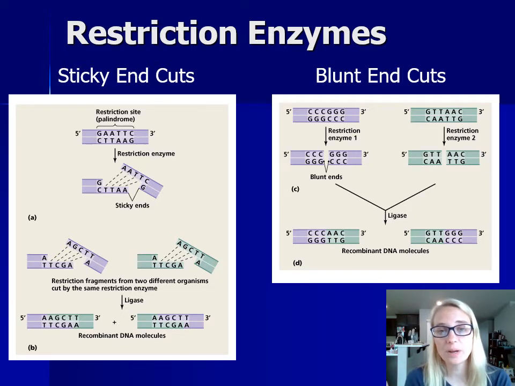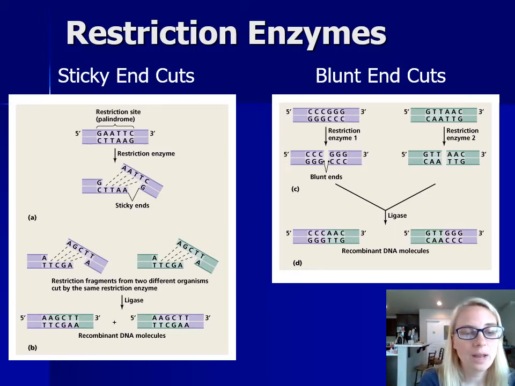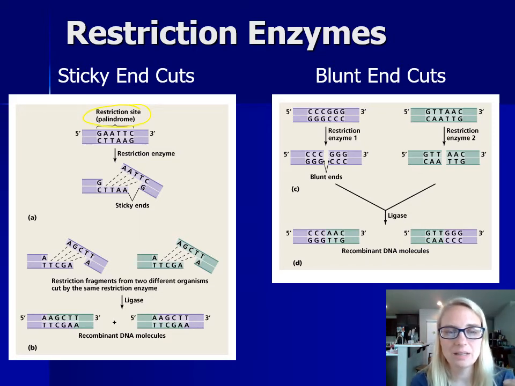There's a couple of different ways that they work, but both ways they identify what's called a palindrome. It's like that inverted repeat, like with a transposon. So here we have the restriction site, GAATTC on the top, and on the bottom reading in the other direction, GAATTC.